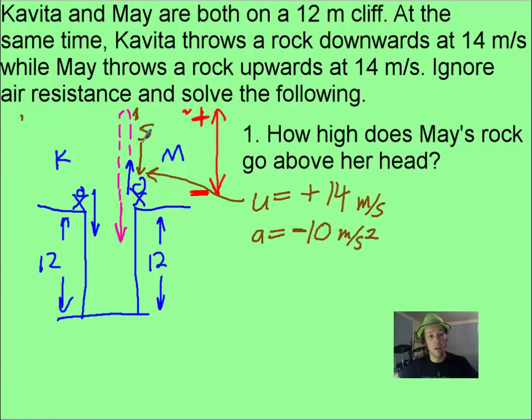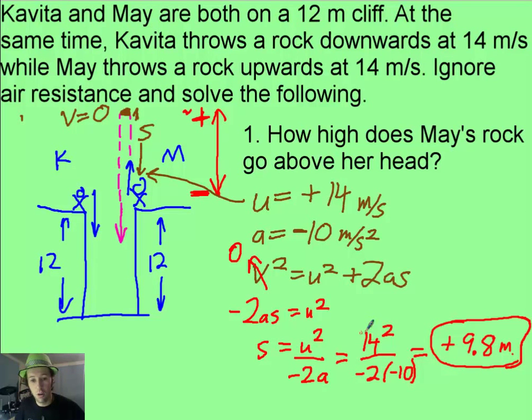I rounded that. And I also know that at the top of its height, its final velocity is going to be 0 because it has to stop and turn around. Now I think what equation, and I choose from the 4 equations of motion in my IB data booklet, and I find that if I use this equation, it's going to work out nicely.